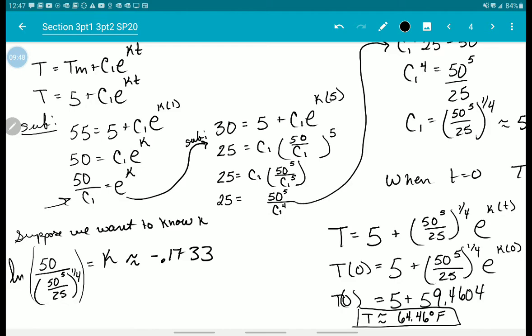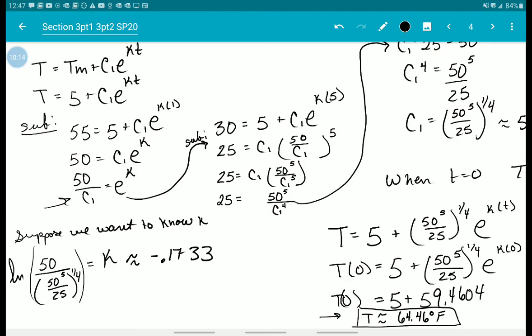If you're rounding things, you need to be careful. If we're rounding this final answer to 2 decimal places, ideally you want to go at least 4 out for everything else, so you can get the final answer to be correct to about 2. But if you want to know K, that's about what it is. Notice that K value is negative. It's always going to be negative with Newton's law of cooling.